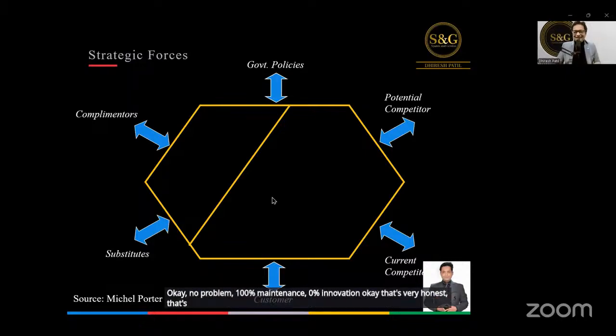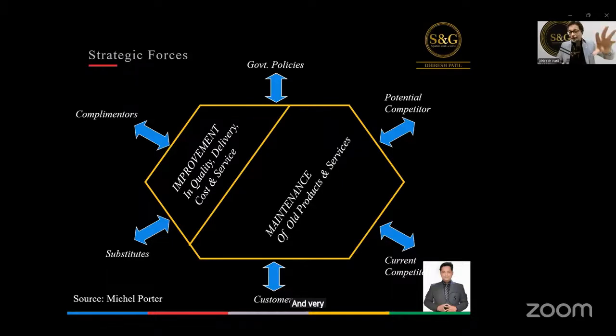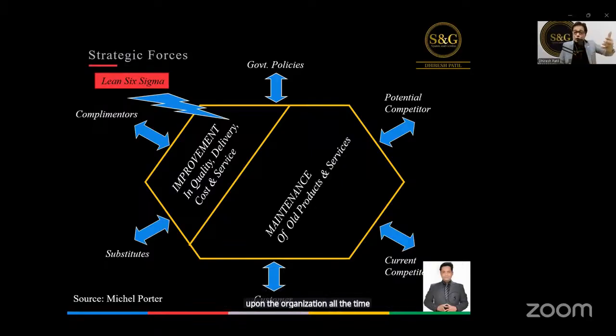Really appreciable. So in a nutshell, the majority of us spend the majority of the time maintaining the status quo of the products and services, and very little is given to the improvement of QCDS: quality, cost, delivery and service. And that's where Lean Six Sigma comes in. See, these strategic forces act upon the organization all the time. If you don't improve, you will perish from the market.